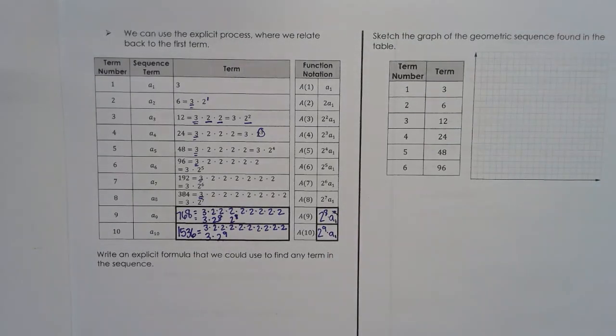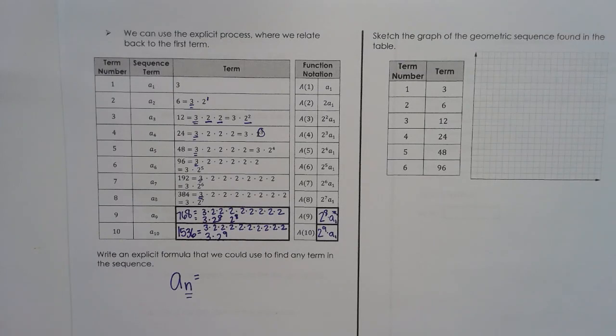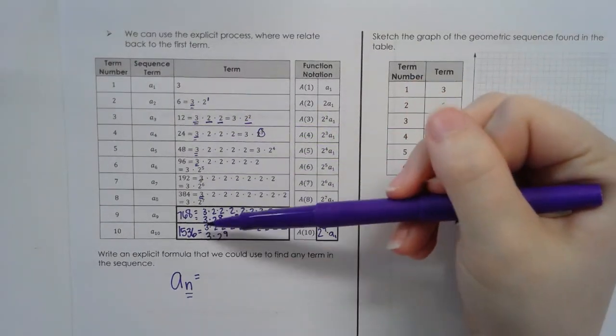Okay, so the explicit formula for that would mean that we still take, so a sub n, it means we're looking for the nth term, for some number term. So to find a sub n, what did we use consistently in every single one of these? What number?